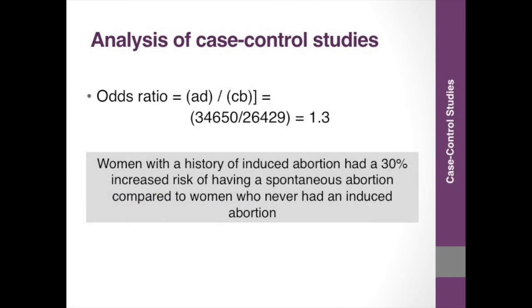We can calculate the cross product of these cells, and then we can conclude that with an odds ratio of 1.3, women with a history of induced abortion had a 30% increased risk of having a spontaneous abortion compared to women who never had an induced abortion.